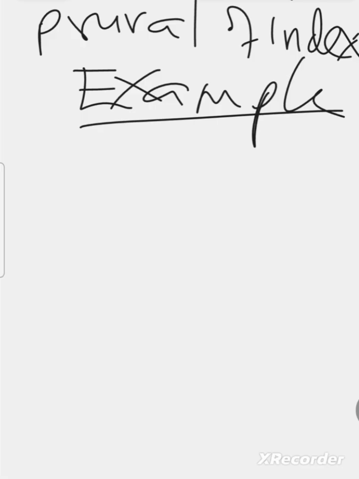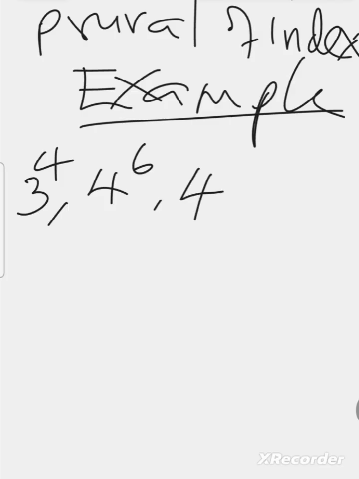If you are given 3 power 4, then we can have 4 power 6, we can have 4 power 2, and we can have 5 power 4. So here we have what we refer to as indices.